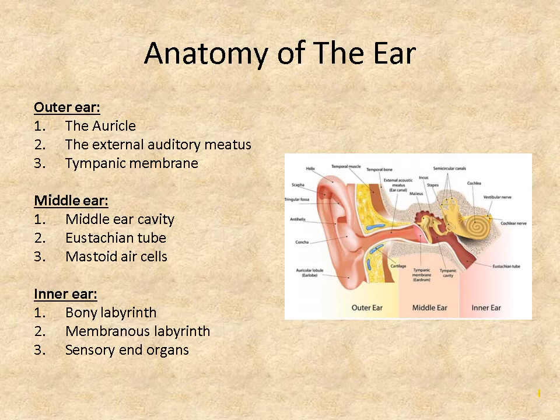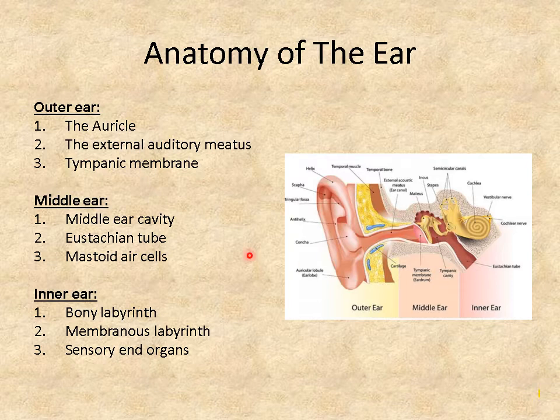Anatomy of the ear. The ear is composed of outer ear, middle ear, and inner ear. The outer ear is composed of three structures: the auricle or the pinna, the external auditory canal, and the drum, whereas the middle ear is composed of the middle ear cavity, anteriorly the Eustachian tube, and posteriorly the mastoid air cells.